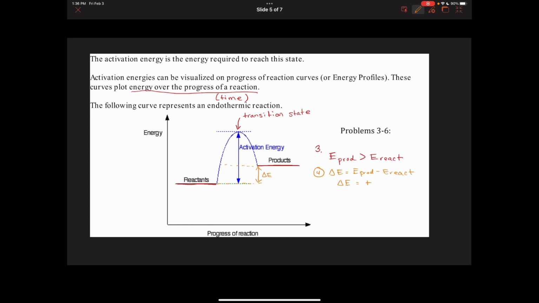Now, if we say that a change is positive, that means that something is increasing. And if we're talking about energy, that means that our energy is increasing. And for a reaction, if energy is increasing, that means that energy is being absorbed.